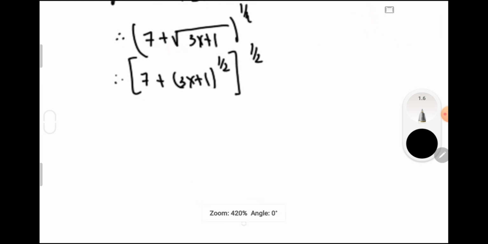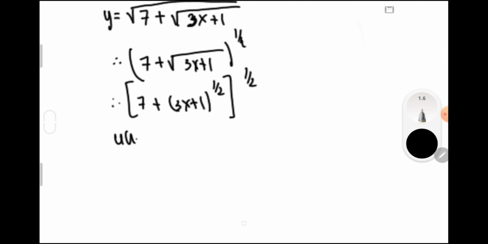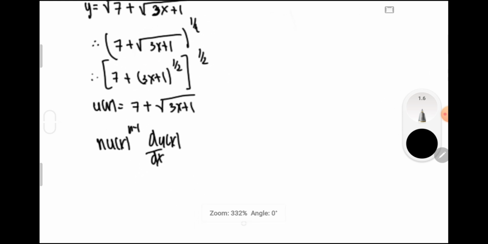Okay, so suppose that our u of x will be equal to 7 plus square root of 3x plus 1. So using our power rule, we'll have n times u of x raised to n minus 1 times du of x with respect to dx. Okay, so here our n will be equal to 1 half.